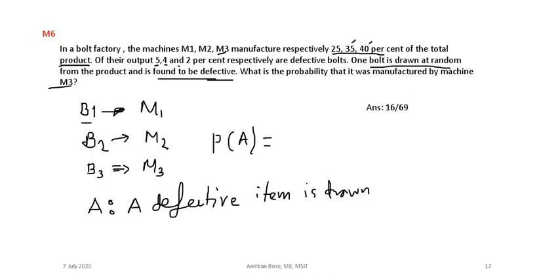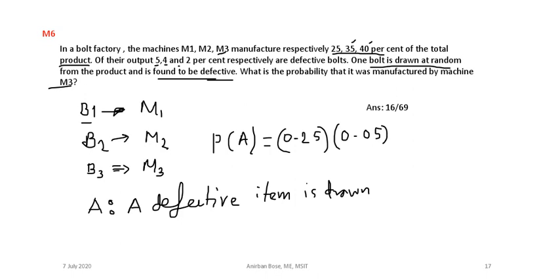This defective item may come from machine 1, machine 2 or machine 3. If the bolt that we are drawing comes from machine 1, what is the probability of that? That probability is 25%. Now if it is coming from machine 1, what is the probability that it is defective? That probability, you know, is 5%.